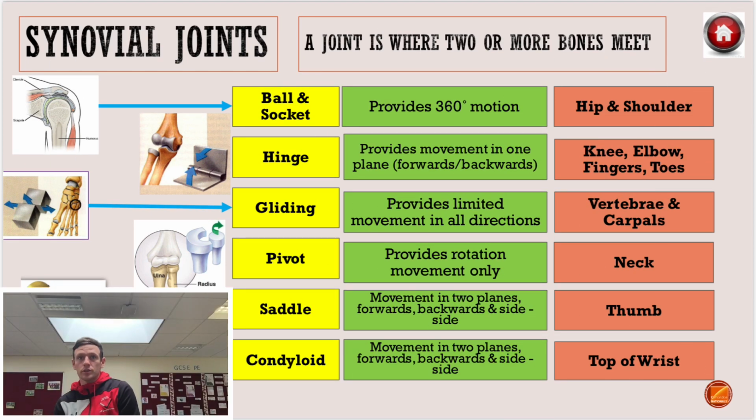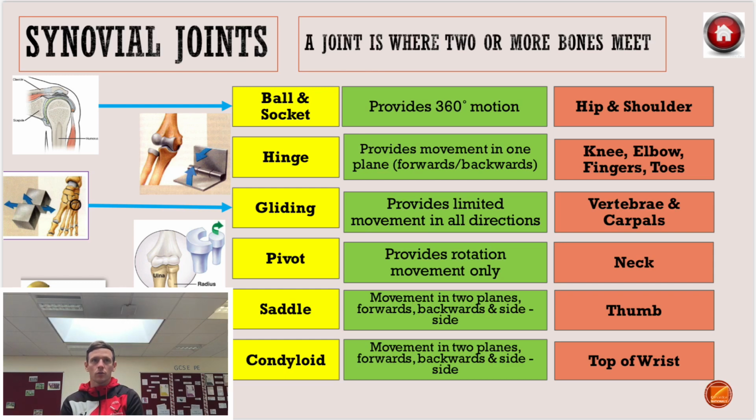Your saddle joint allows movement in 2 planes. It can go forwards and backwards, or it can go side to side. Forwards and backwards is one plane, side to side is a second plane. When you're thinking of a saddle joint, think of your thumb. Your thumb can go forwards, backwards, and side to side.